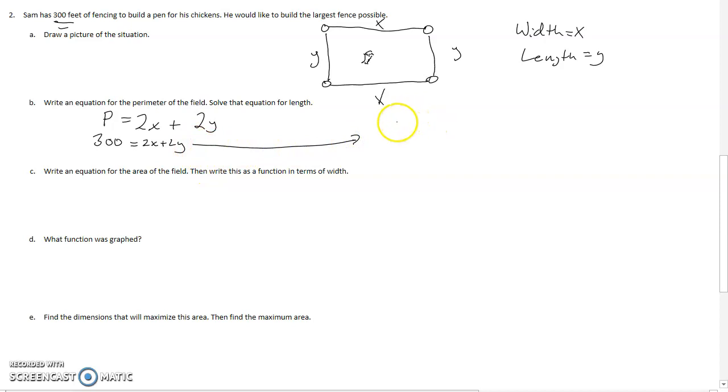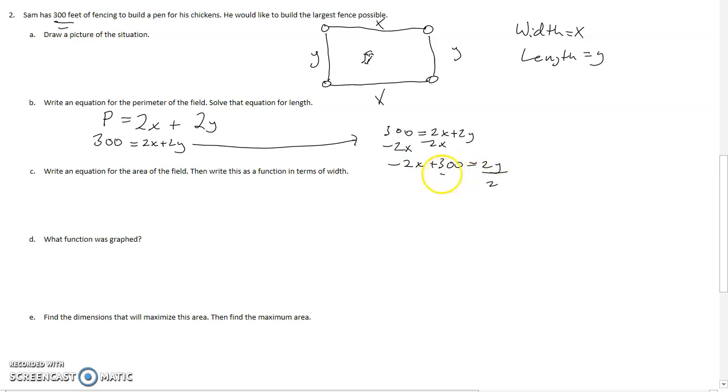Now we're going to want to solve that. So I'm going to recopy this. Let me fix this. So this is going to be 300 is equal to 2x plus 2y. I'm going to try to solve for y. So I'm going to subtract 2x from both sides. I can't put these things together, so I get negative 2x plus 300 is equal to 2y.